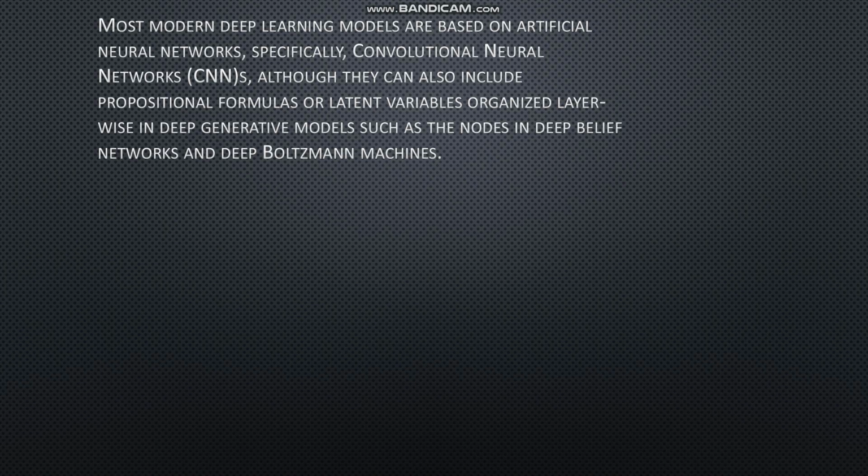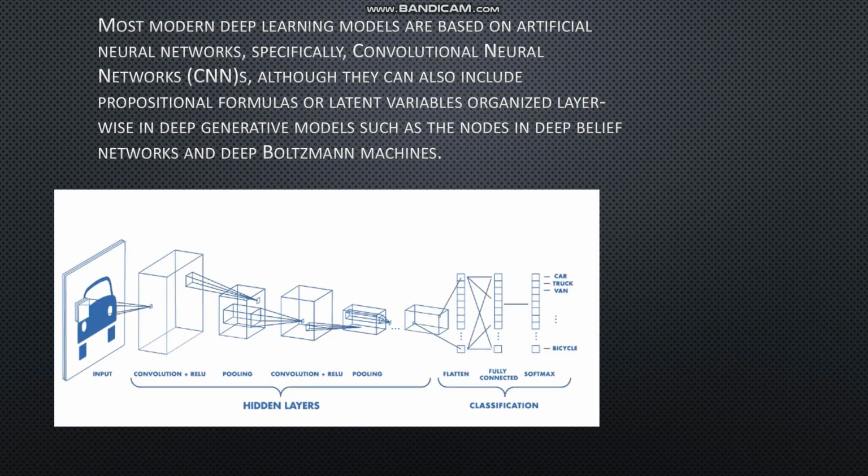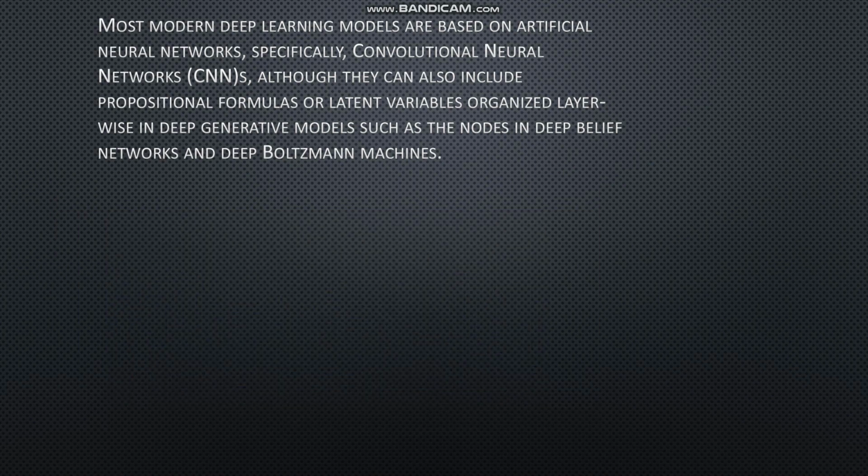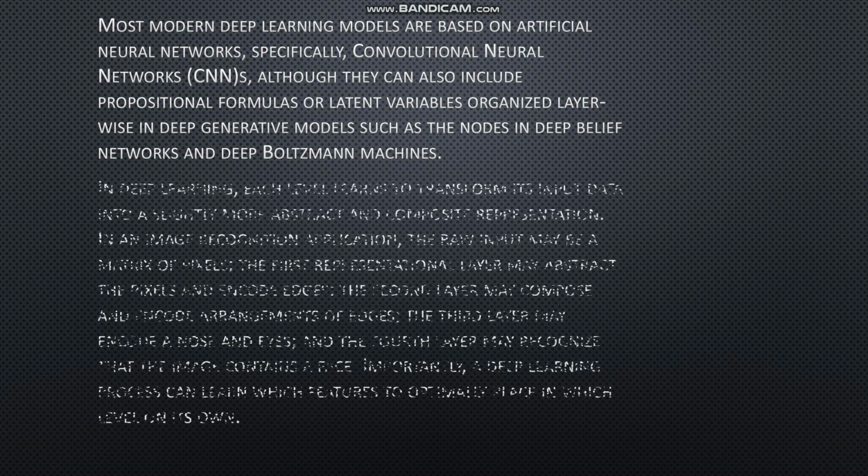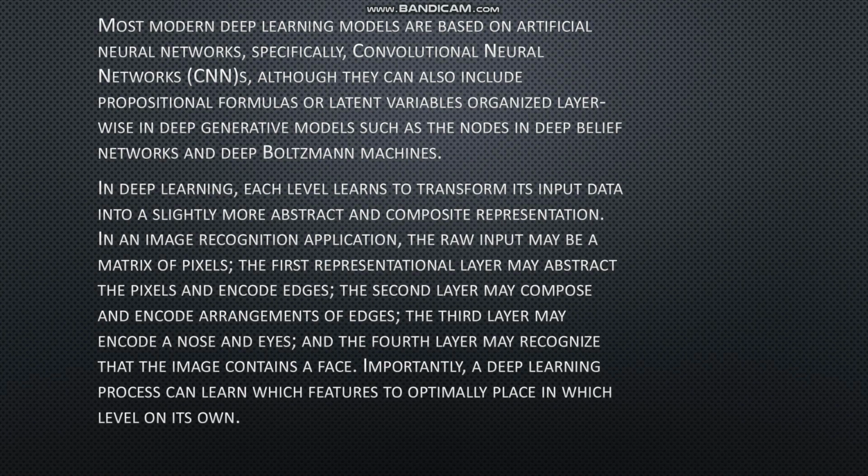Most modern deep learning models are based on artificial neural networks, specifically convolutional neural networks, known as CNNs. Although they can also include propositional formulas or latent variables organized layer-wise in deep generative models, such as the nodes in deep belief networks and deep Boltzmann machines. In deep learning, each level learns to transform its input data into a slightly more abstract and composite representation.